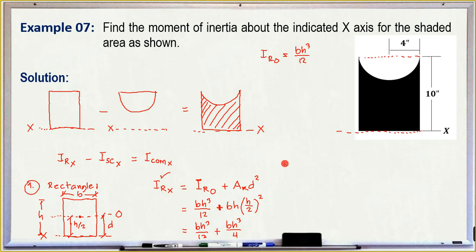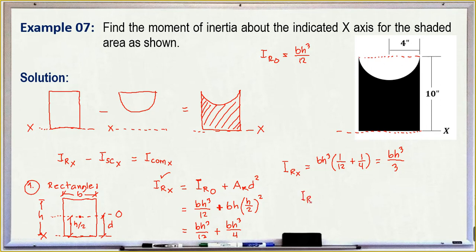Now, if we're going to combine this one, because they have the same numerator, BH cubed, we have BH cubed times (1 over 12 plus 1/4). The resulting fraction is equal to 1/3. So therefore, the moment of inertia of a rectangle along the x-axis or along its base is just equal to BH cubed all over 3.